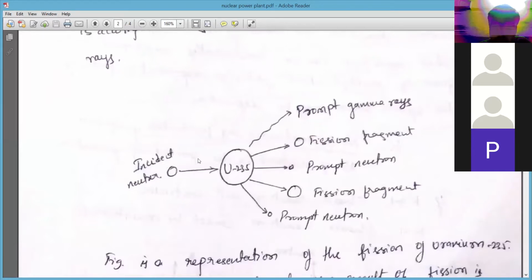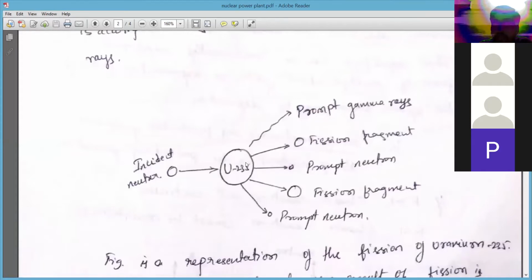When a neutron bombards uranium-235, it gives prompt gamma rays, fission fragments, and neutrons. It gives one or two fission fragments, and along with the neutrons it generates gamma rays, which are radioactive.